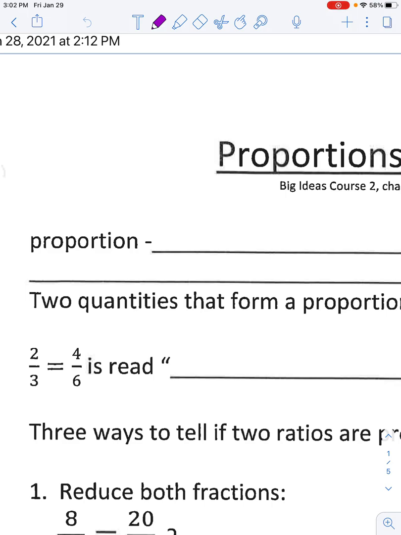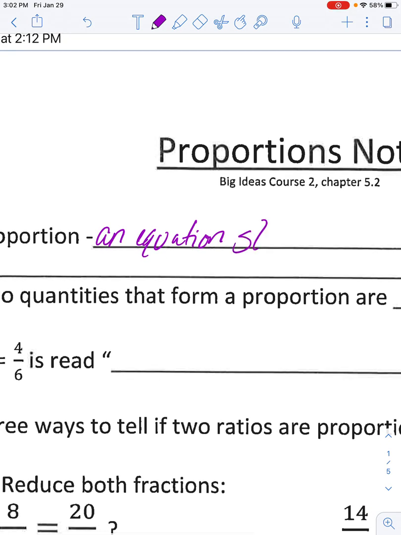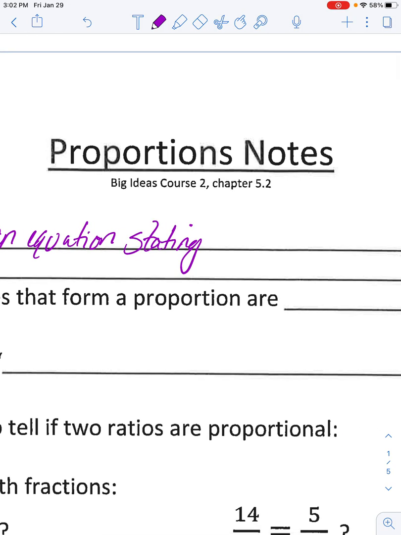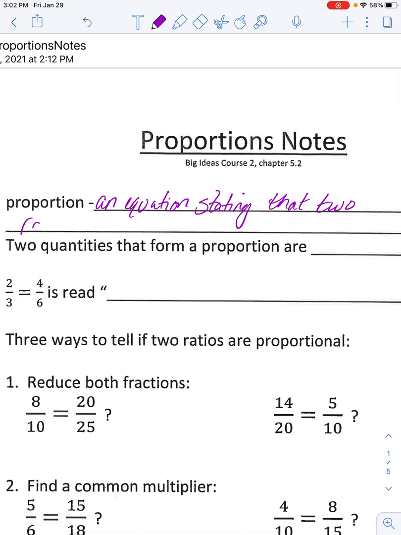Let's talk about the definition of a proportion first. A proportion is an equation stating that two ratios are equal.